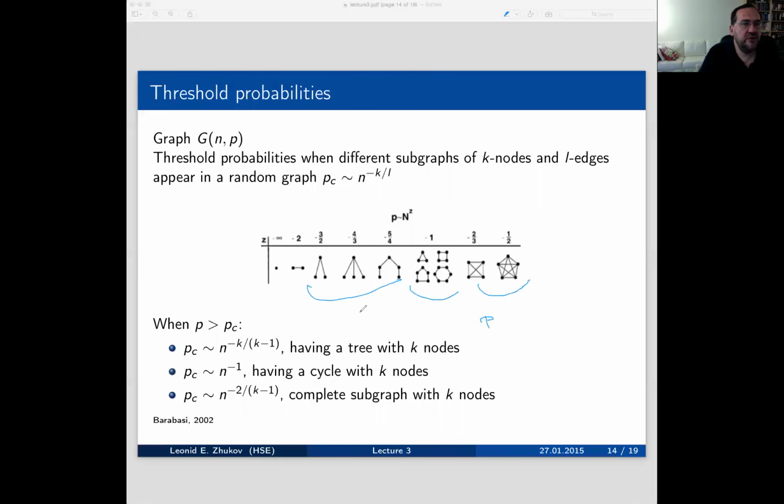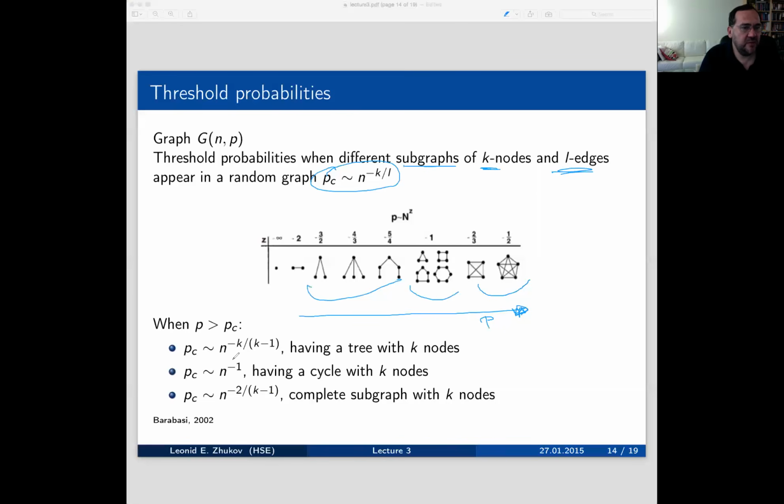So what's shown on this picture is the following. We are increasing p from left to right, and there are a bunch of critical values. There are threshold probabilities for the appearance of subgraphs of K nodes and L edges in the random graph.